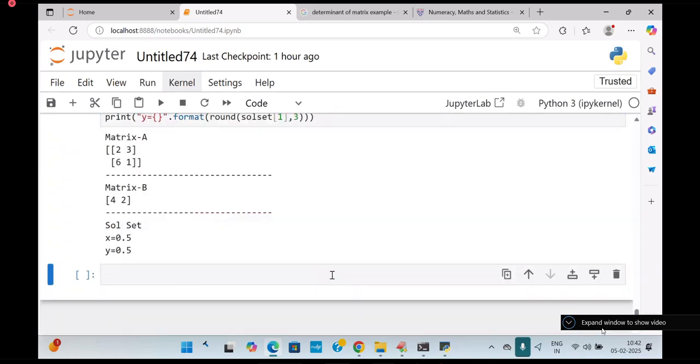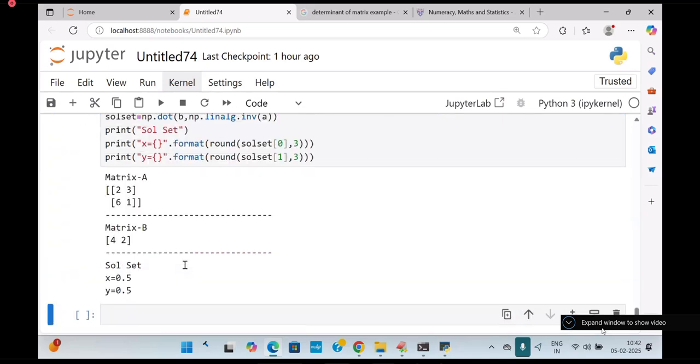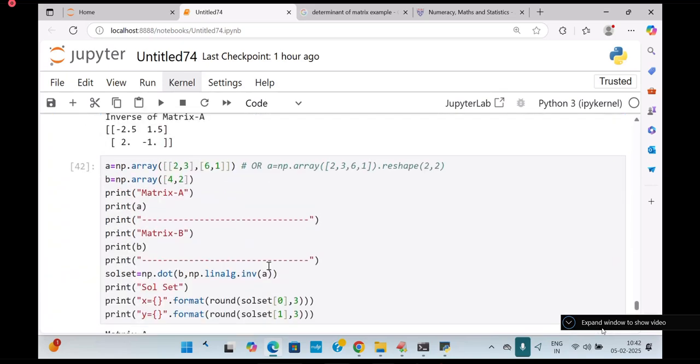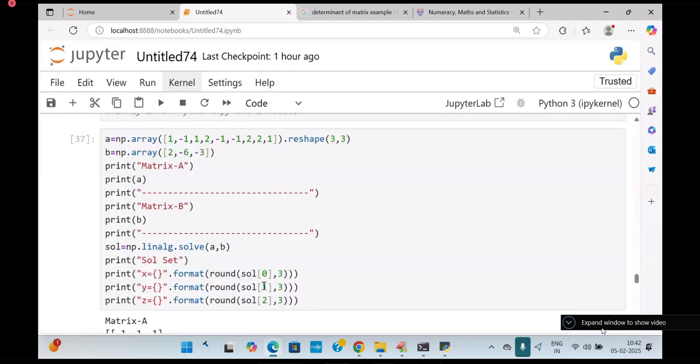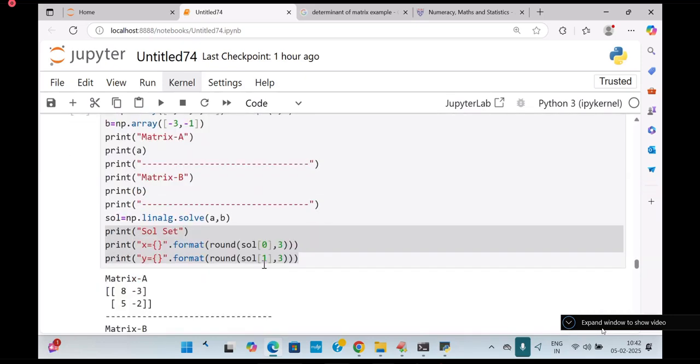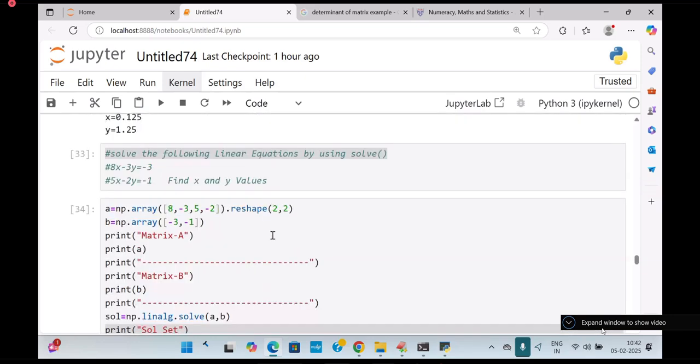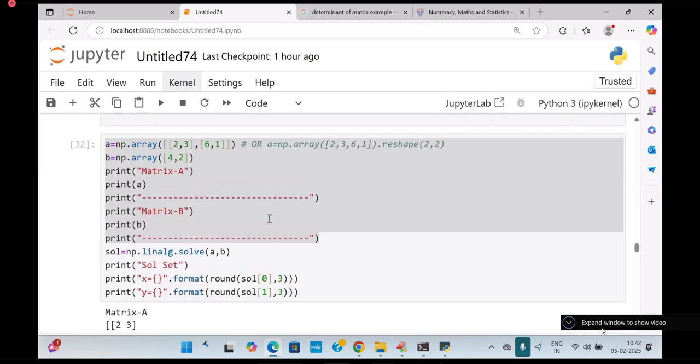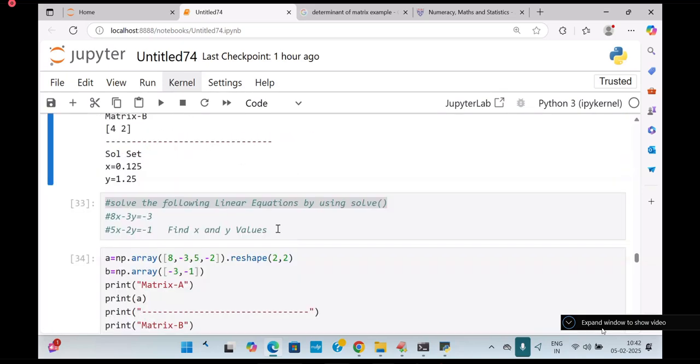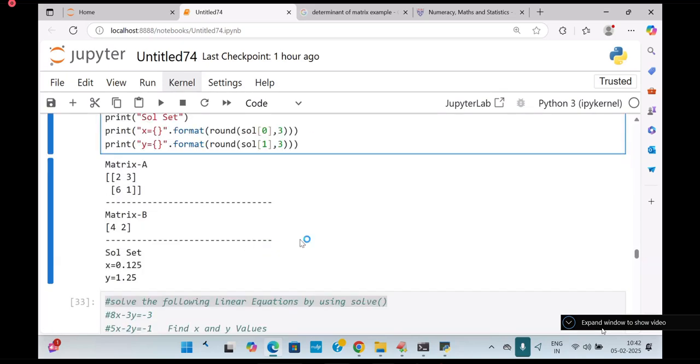So you are getting the answer like 0.5, 0.5, you got it. B comma A. So is it correct or wrong? So the values are these values. What are the values you got? Something went wrong here.